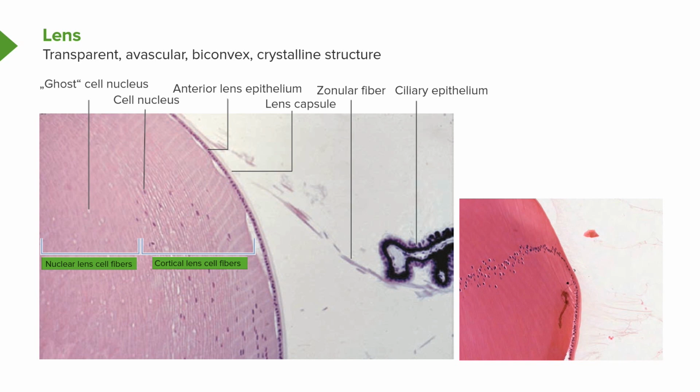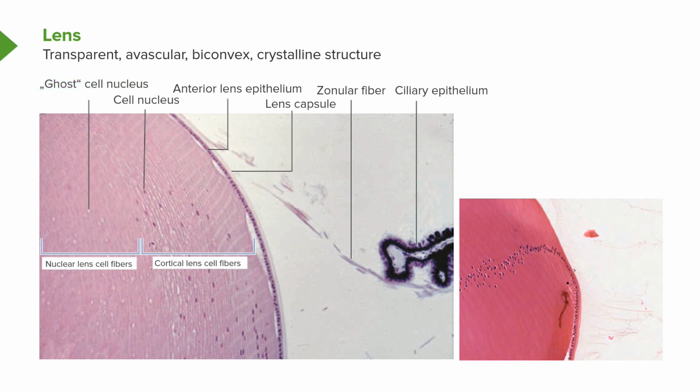And those lens fibres, if you look on the right-hand picture now, you see at the equator, that epithelium produces the lens fibres, and then those fibres move towards the centre of the lens. And their nuclei, as they move towards the centre, start to disappear and finally end up as what we call ghost nuclei. They're just little spaces that are finally filled up.